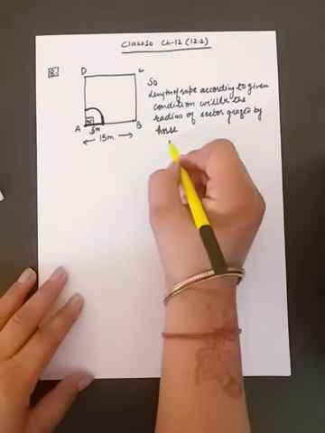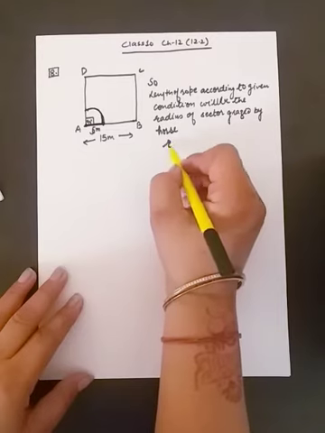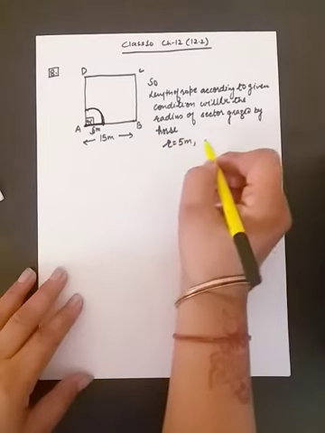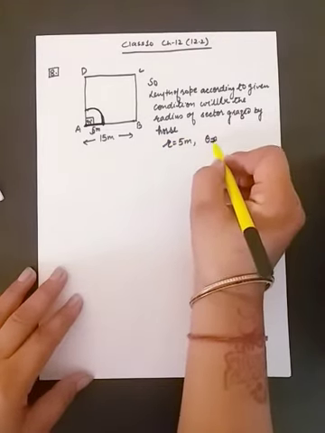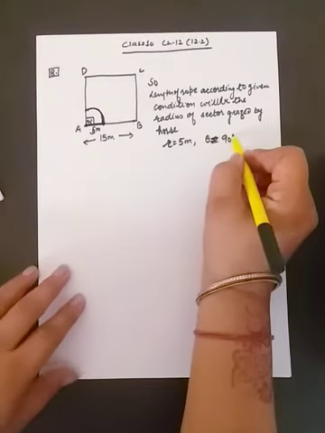So therefore we can write radius will be 5 meter and central angle, that is theta, is of 90 degree.